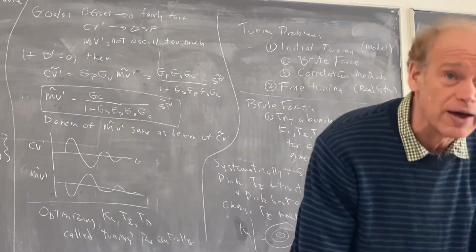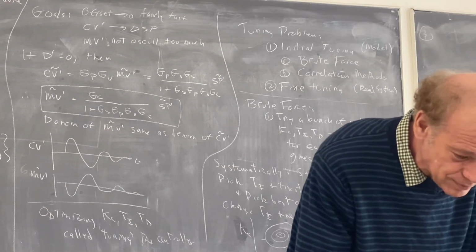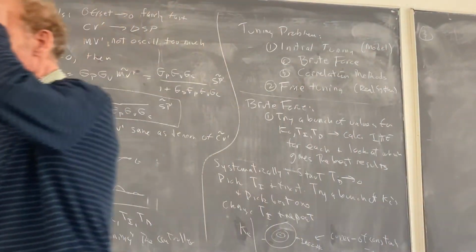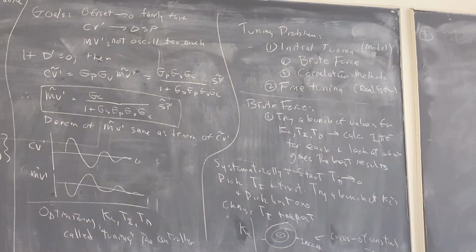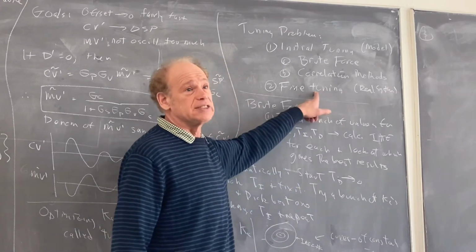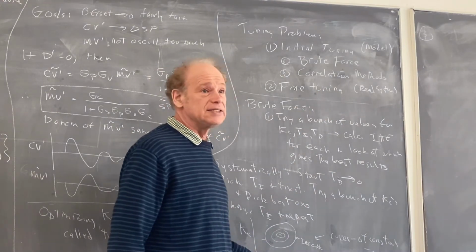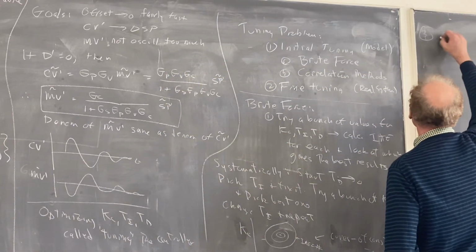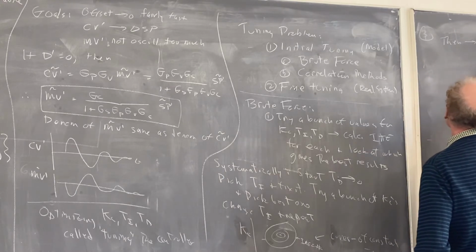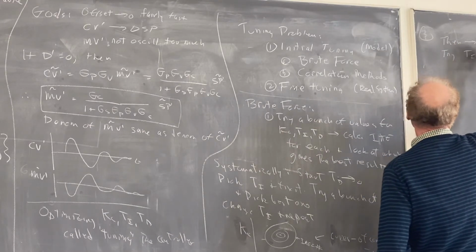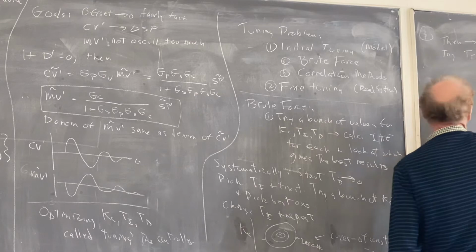Are there any questions on that? Again, it's not uncommon to have model errors. So once you've done this, you might then go to the real system, and try this KC, TI combination.